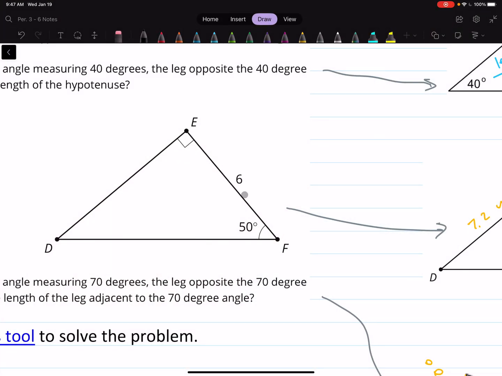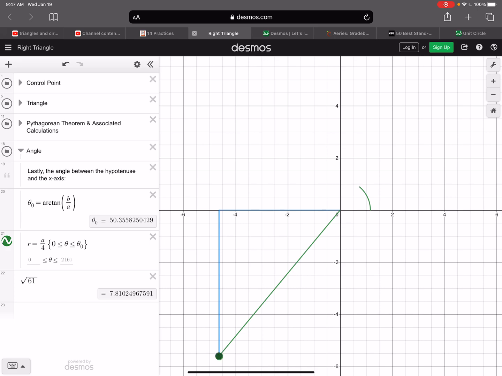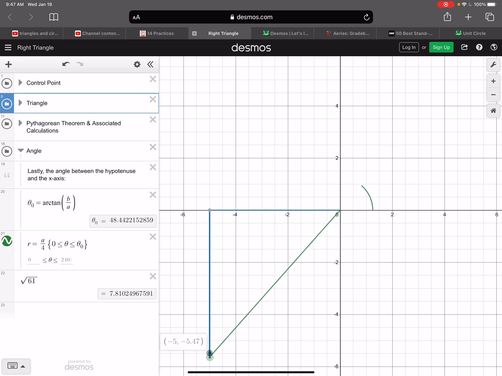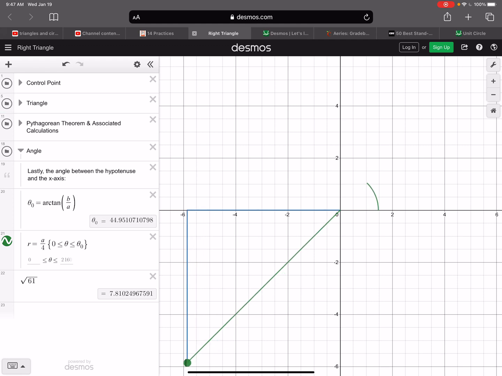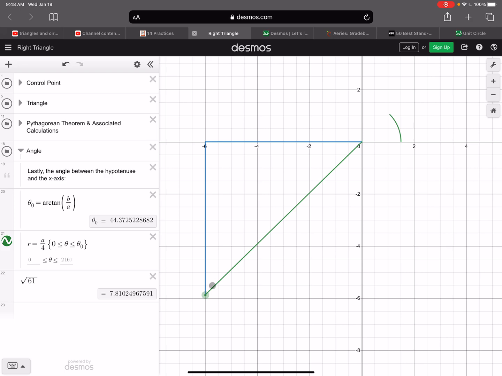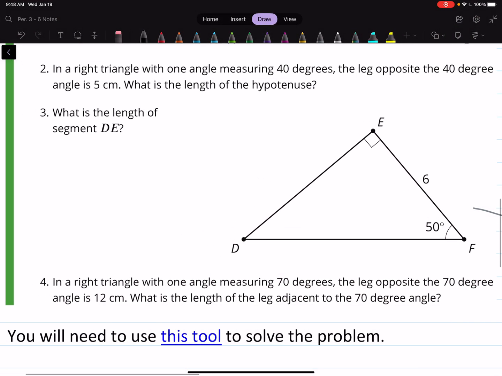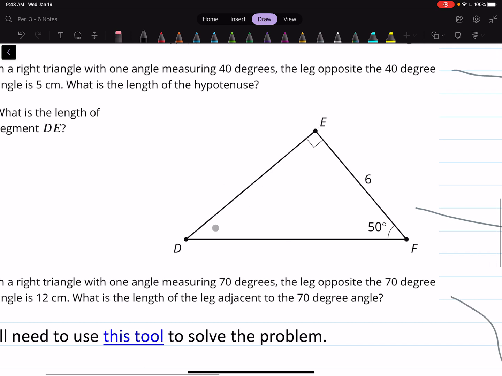And then that length is going to be about 6. But I got to keep it 50 degrees right there. And then what is the length of DE?